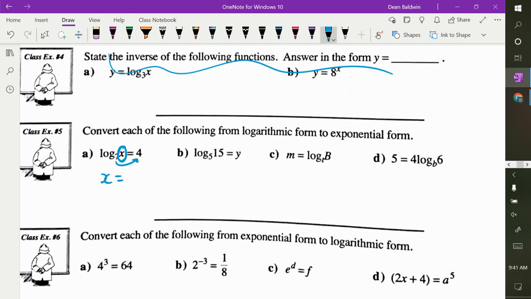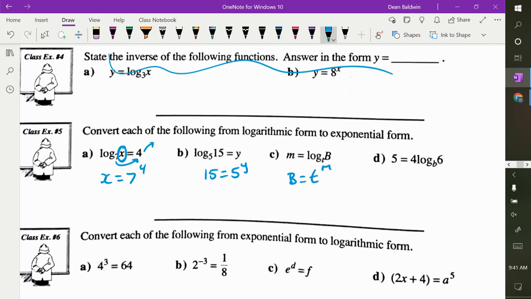The base moves over and kicks up the 4. x is equal to 7 to the power of 4. What about the next one? 15 is equal to 5 to the power of y. C. What am I writing? b is equal to t to the power of m.